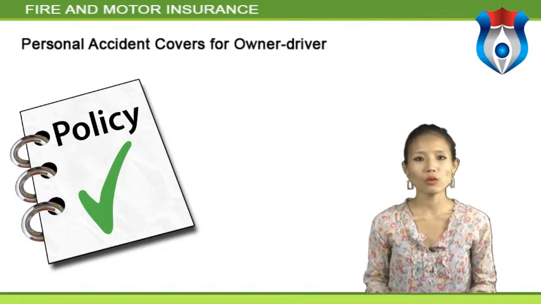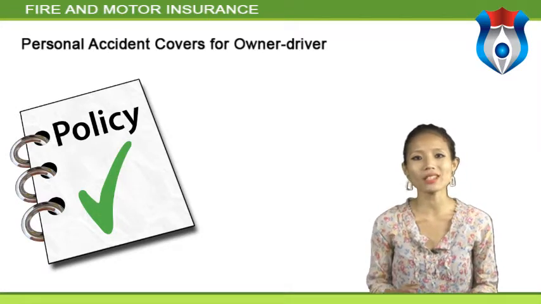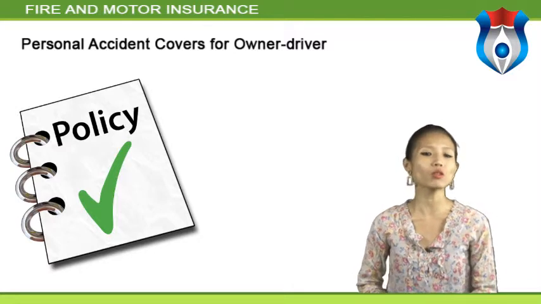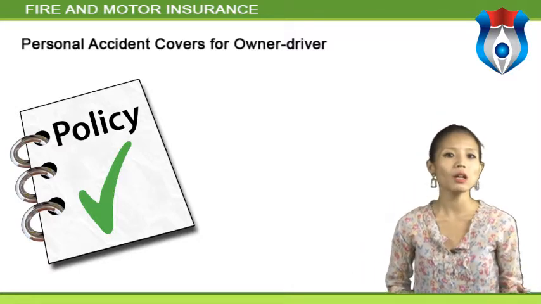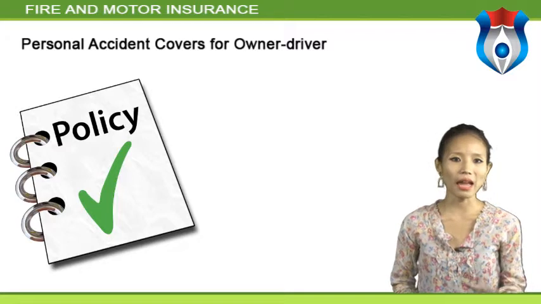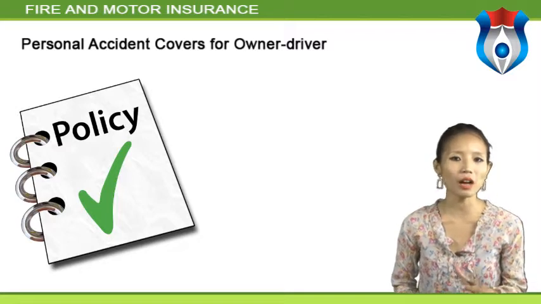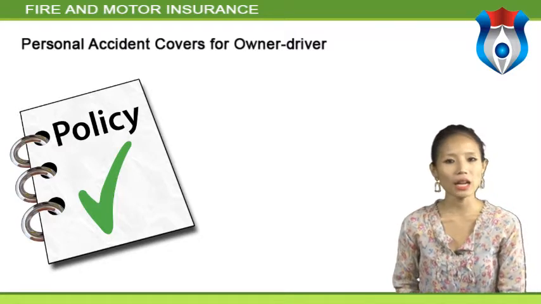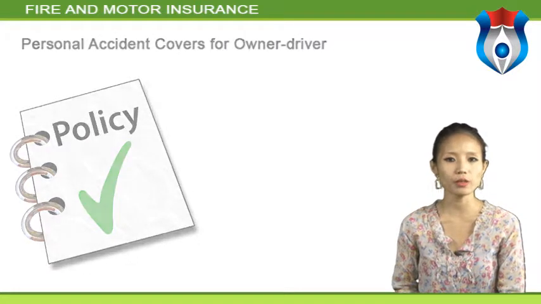In respect of the owner driver arising out of any one occurrence, the total liability of the insurer shall not in the aggregate exceed the sum of INR 1 lakh during any one period of insurance.